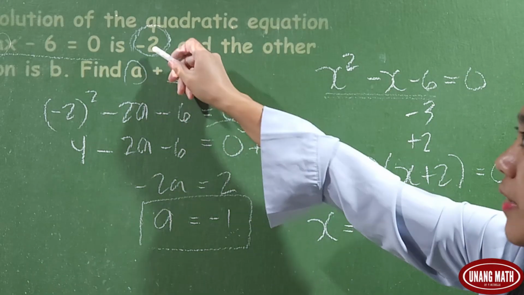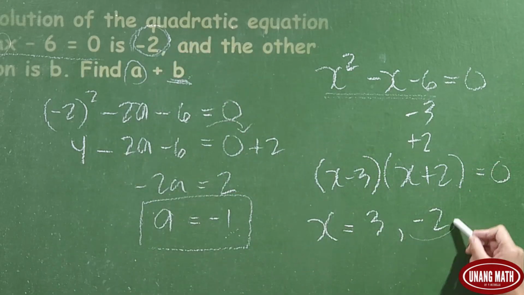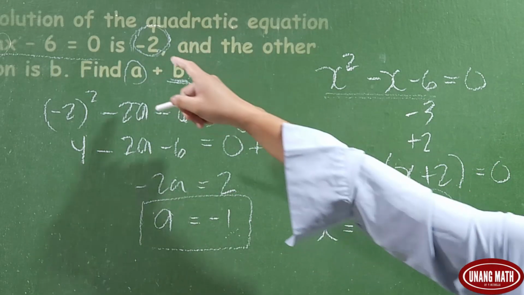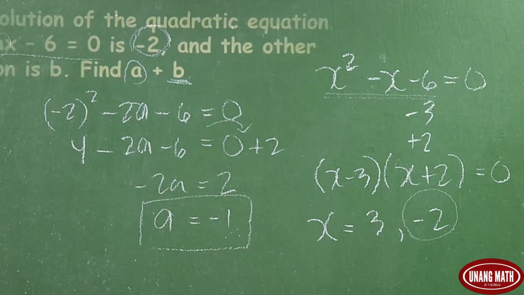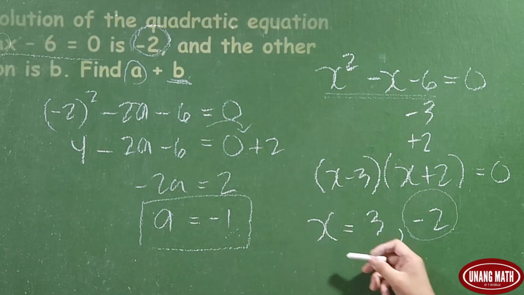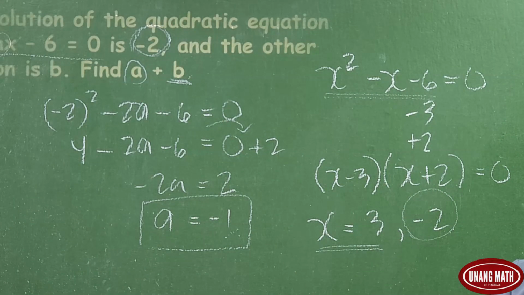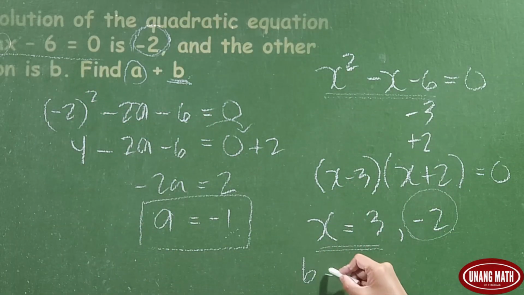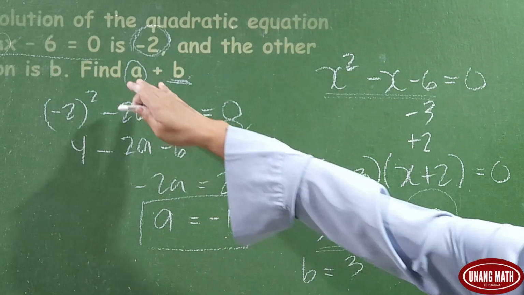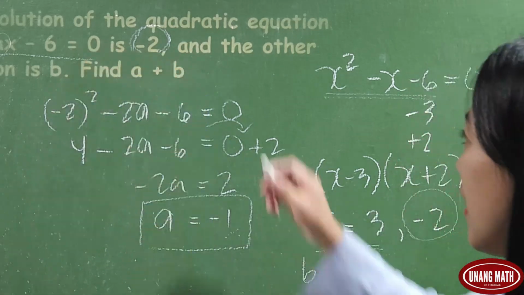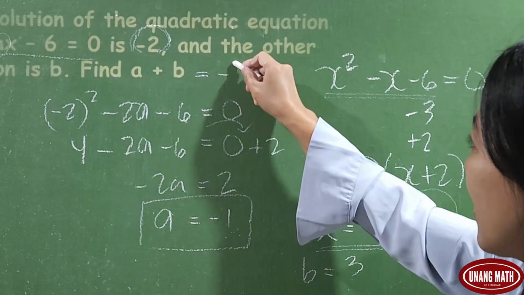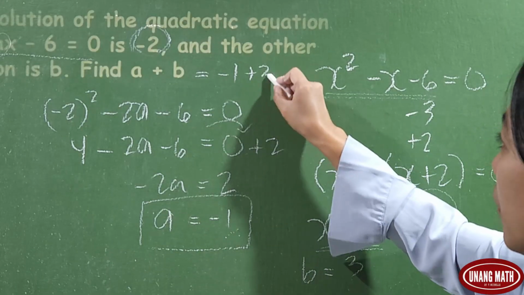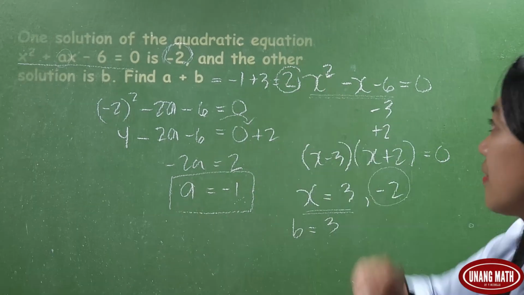As mentioned here, negative 2 is the given solution. So the other solution then is 3, and this is the value of b. So b is 3. So then let's find a plus b. So this is then negative 1 plus 3. So our answer is 2.